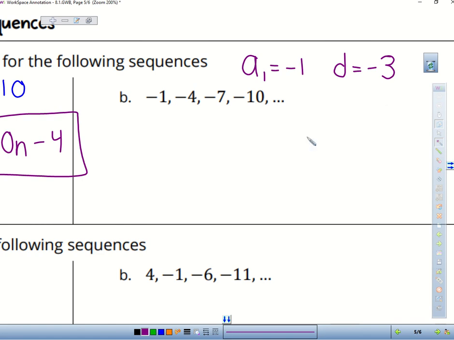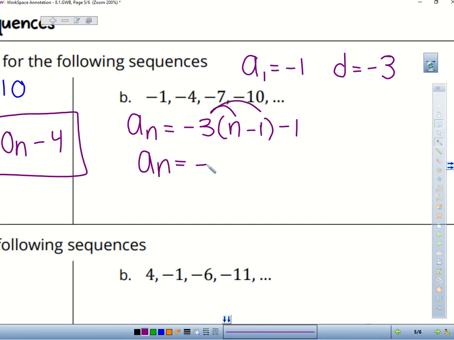Okay? So that's going to be a sub n is equal to your common difference times n minus 1 minus or plus your first term. In this case, it's minus because it's negative. So now we just use the distributive property. We get a sub n is equal to -3n plus 3 minus 1, which is a sub n is equal to -3n.